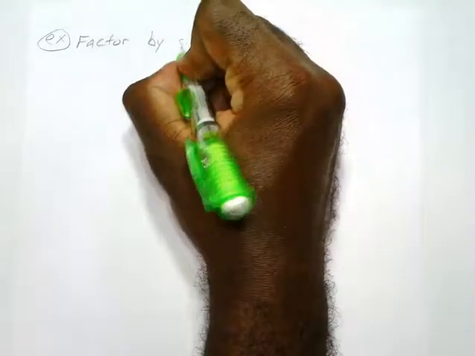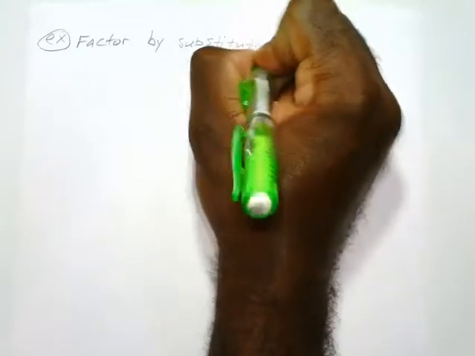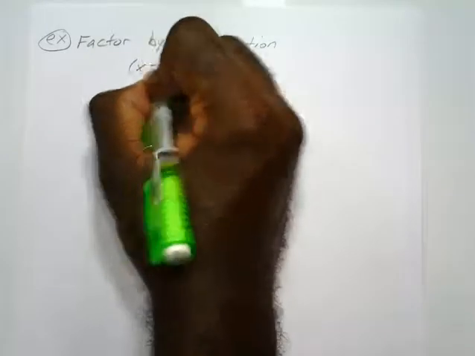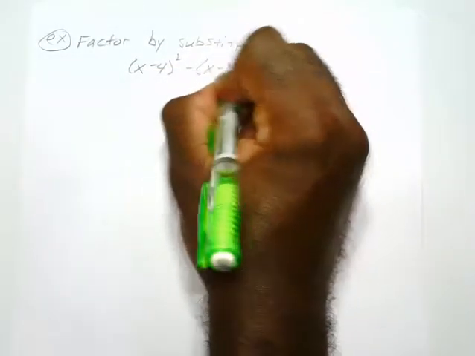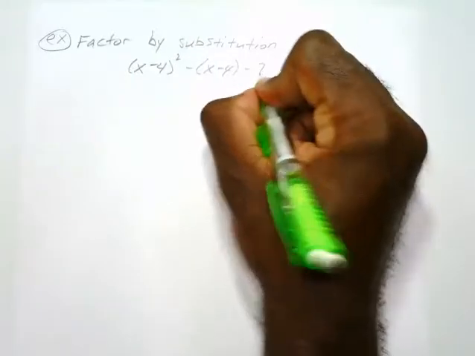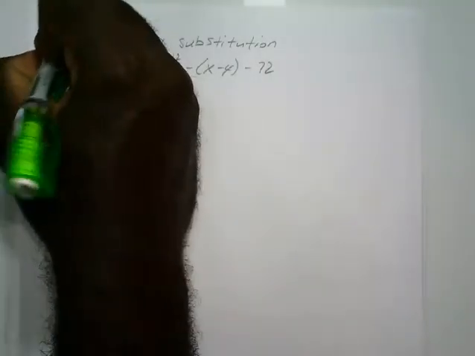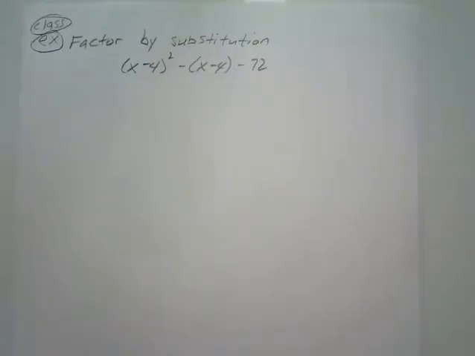Let me clean that up a little bit. Okay, so factor by substitution, x minus 4 squared minus x minus 4 minus 72. Alright, and I want you to start this one on your own. So go ahead and press pause and work this one out.